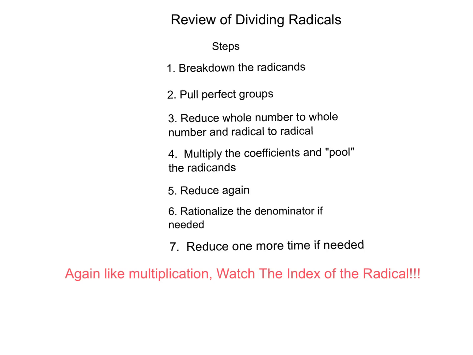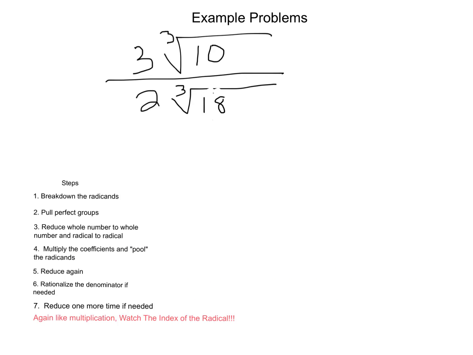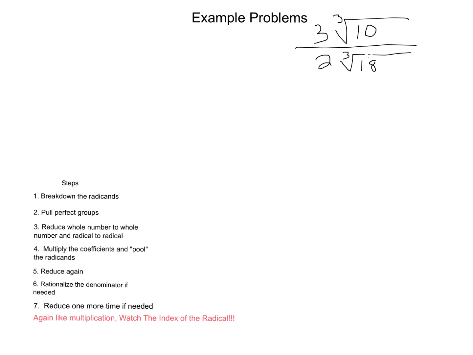All right. Now again, when reviewing dividing radicals, it's the same steps as before. The only difference is we have to watch out for the index of the radicals. So let's take a look at this one. Again, I'm going to make it a little smaller so I have the room to work. Let's start by breaking down the radicands.